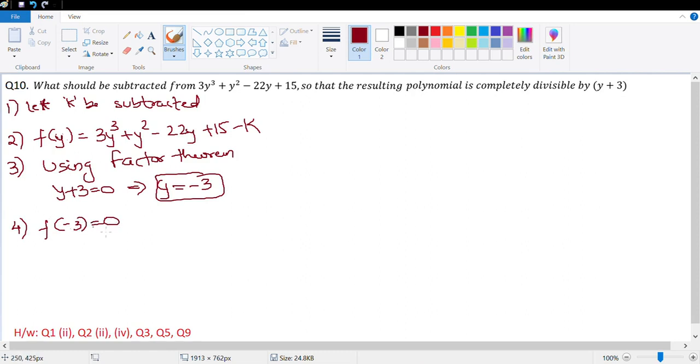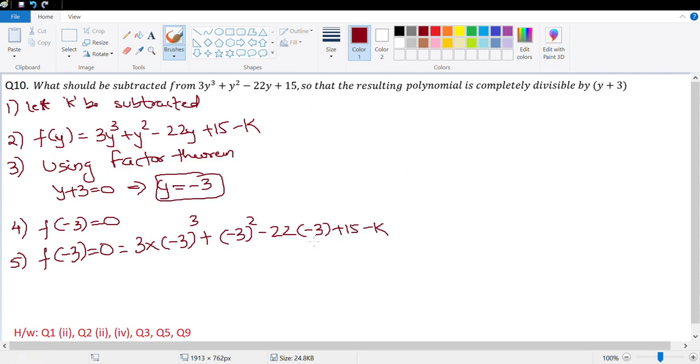Let's put the value of y equal to negative 3. We get f of negative 3 is equal to 0, which is equal to 3 times negative 3 cubed plus negative 3 squared minus 22 into negative 3 plus 15 minus k, a very long term.